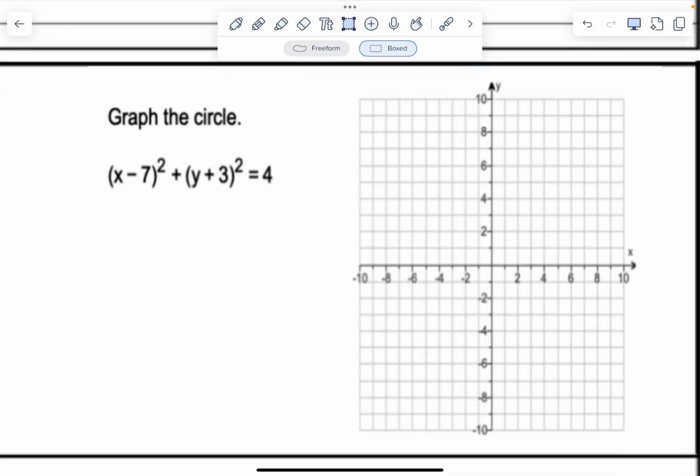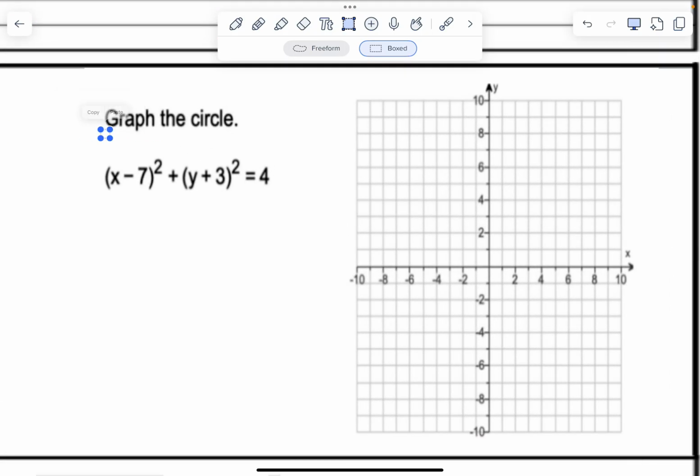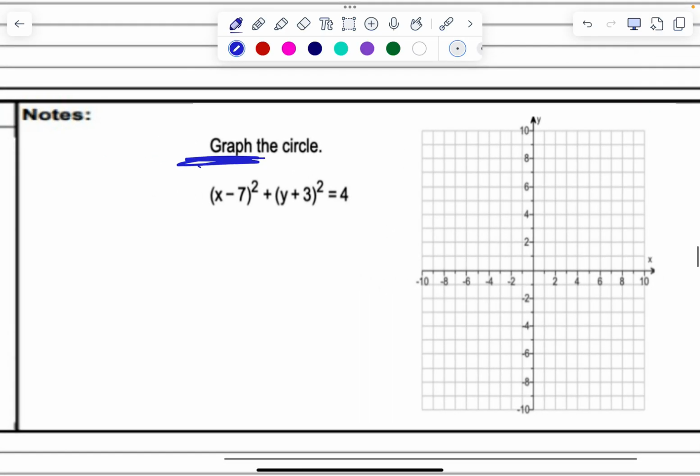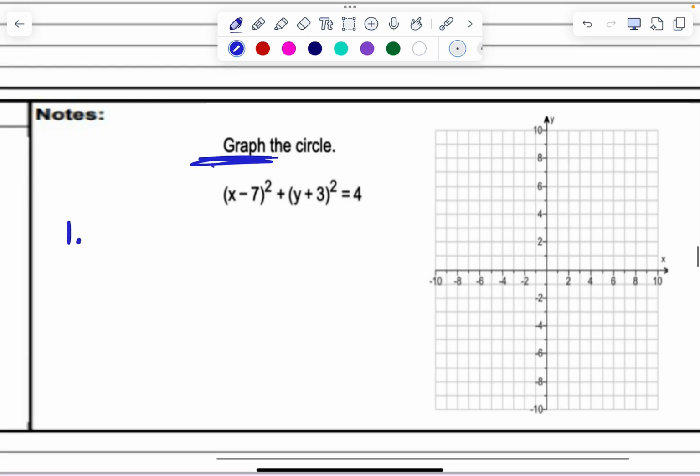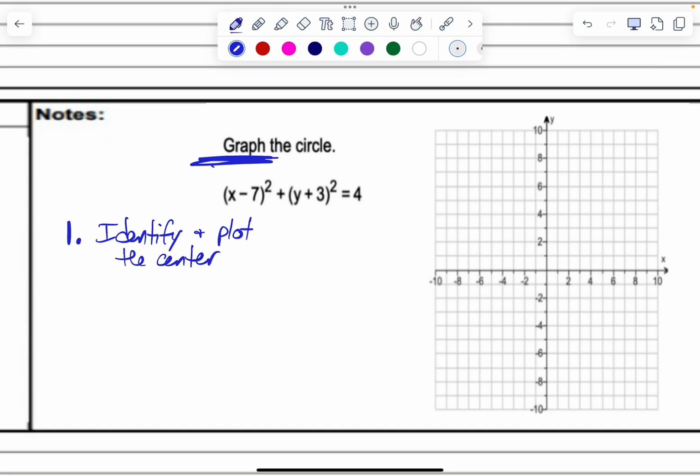This one's kind of standalone, just graph the circle. And plot the center. So what's the center of this circle?